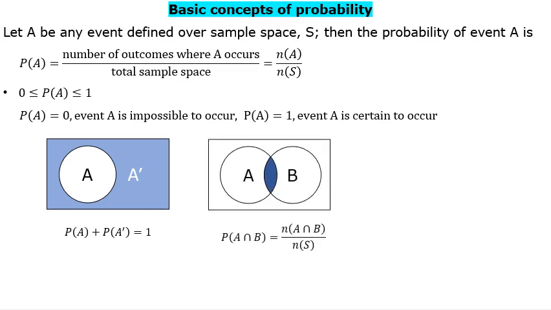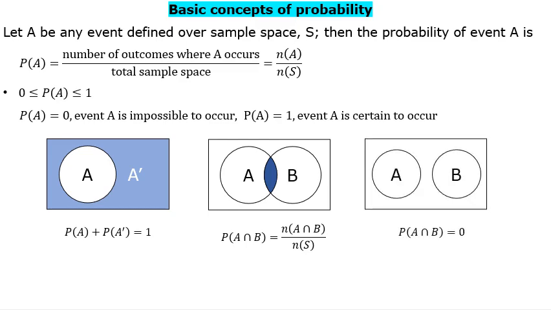And P(A and B) is N(A and B) over N(S). If A and B are mutually exclusive, P(A and B) equals 0.